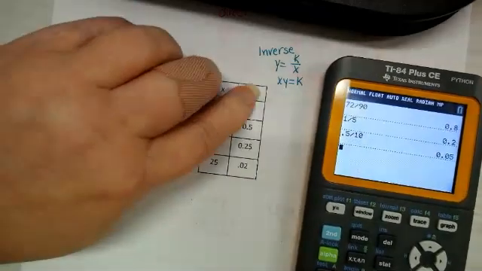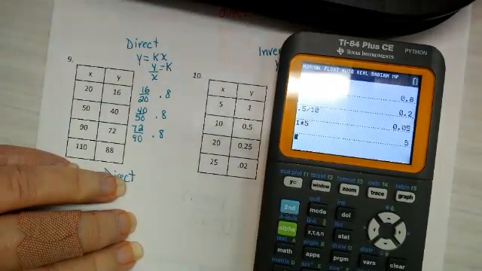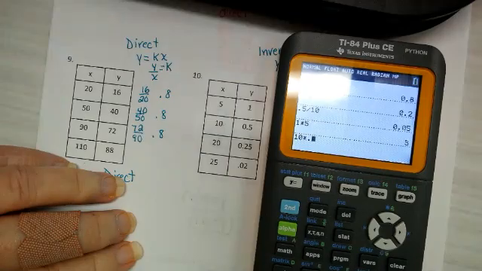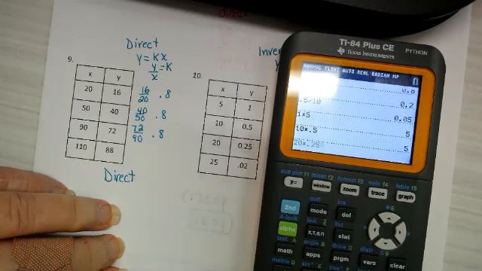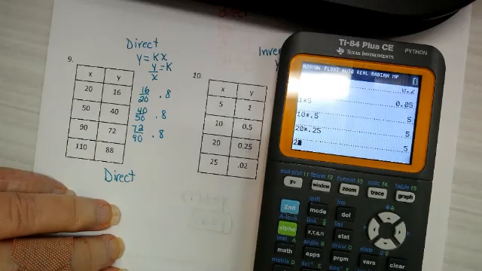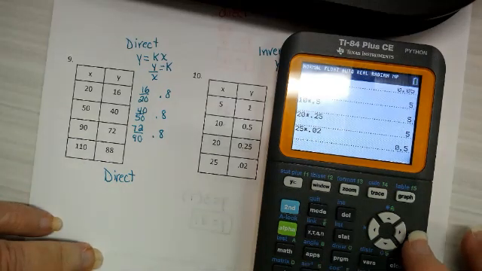Well, let's check to see if they multiply to a constant. 1 times 5, 10 times 0.5, 20 times 0.25, looky there, 25 times 0.02. Uh-oh.